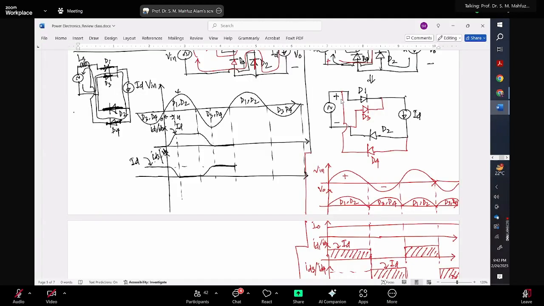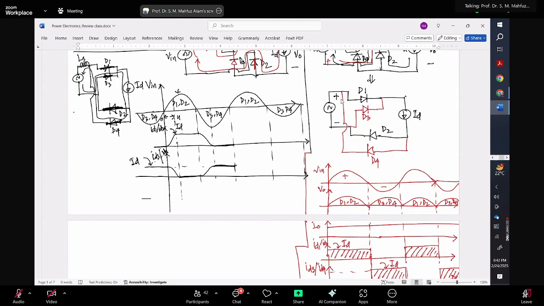So during the positive half cycle, when the current is transitioning from 0 to ID, what will happen is that when the current drops down to 0 and increases from here, what will happen up to this point?